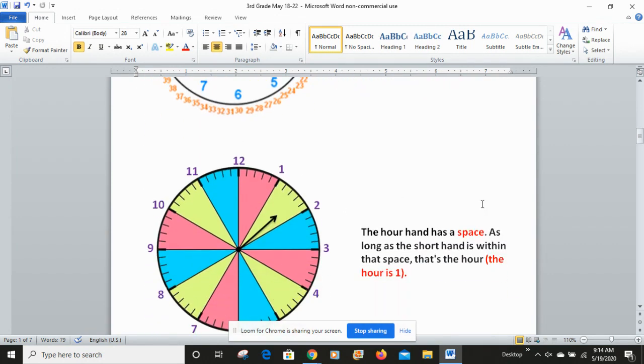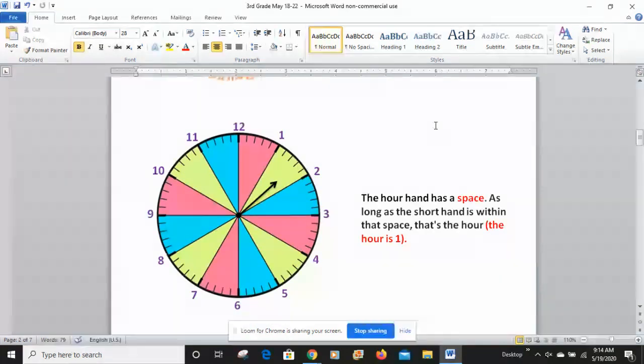Now the hour hand, a little bit different. The hour hand can point to a specific number, but most of the time the hour hand occupies a space. As long as that hour hand is within that space, that's the hour. In this particular case, you can see if I start at 12, anywhere along this space is the 12 hour.